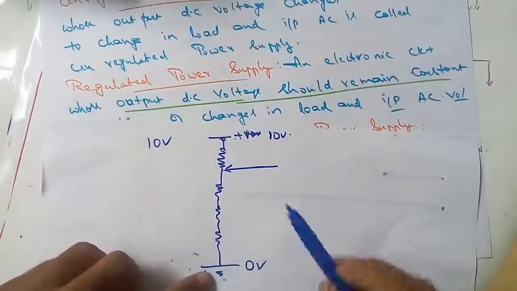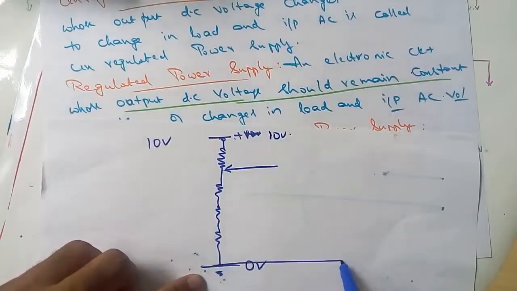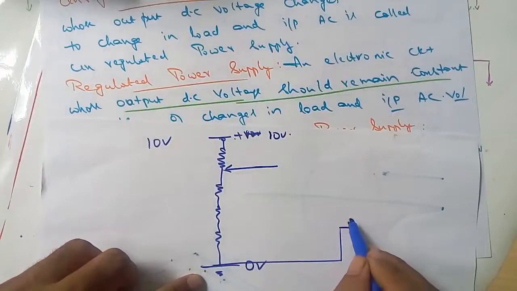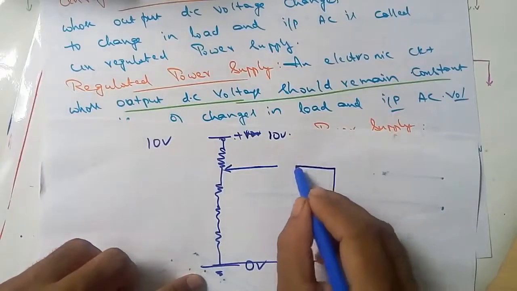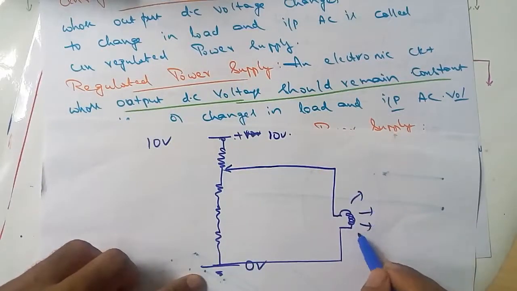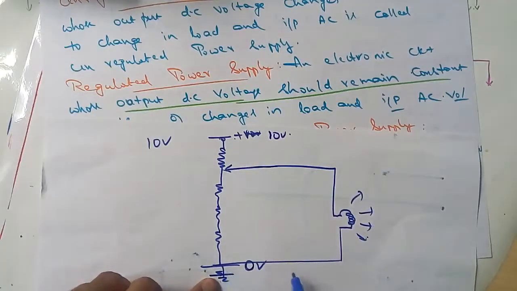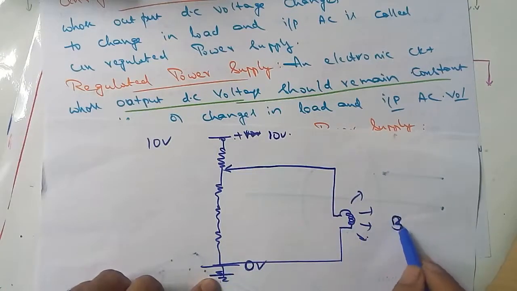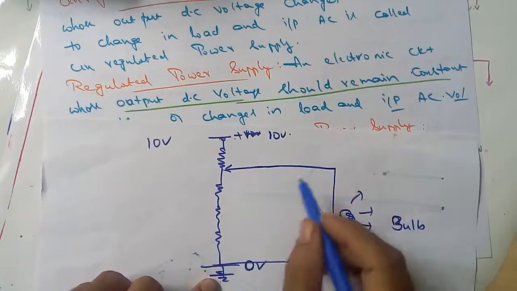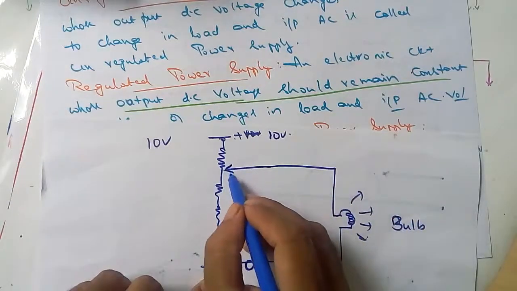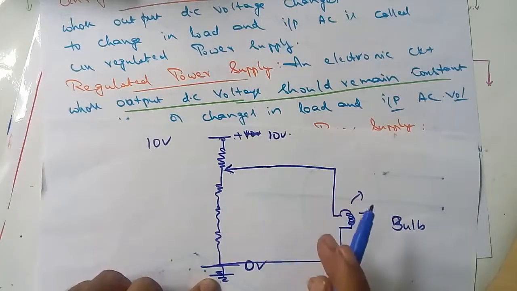For example, let us suppose I am connecting a lamp here. So the input remains 0, that means this is the ground. 0 volts remains constant, which I am giving to one terminal of the bulb, and the other terminal is given to the divider. The divider is nothing but a controller.